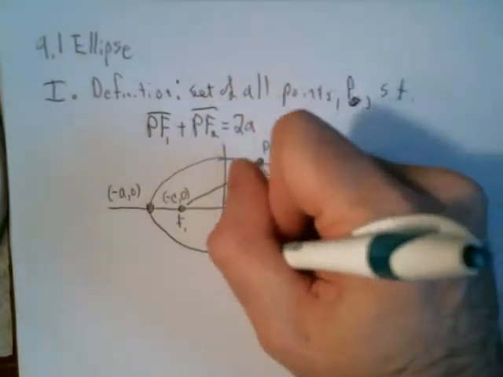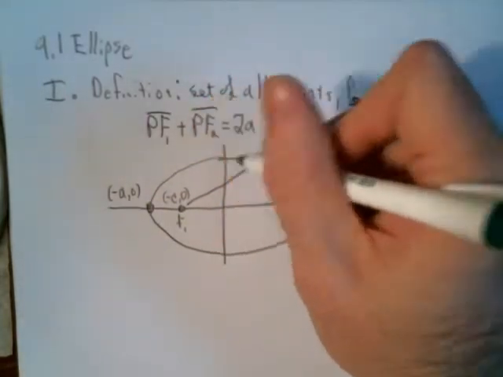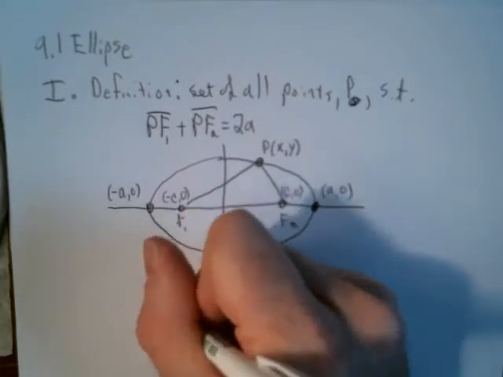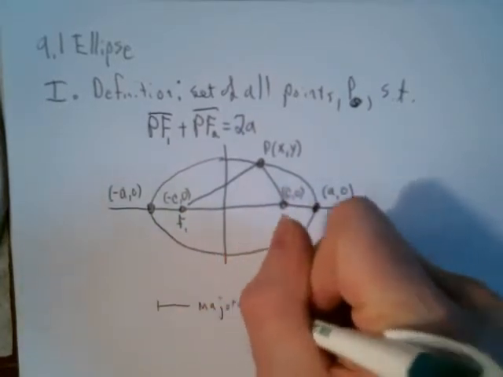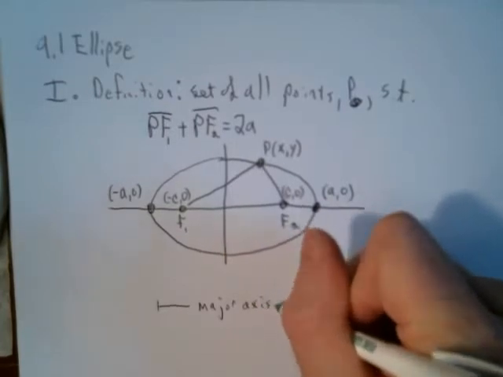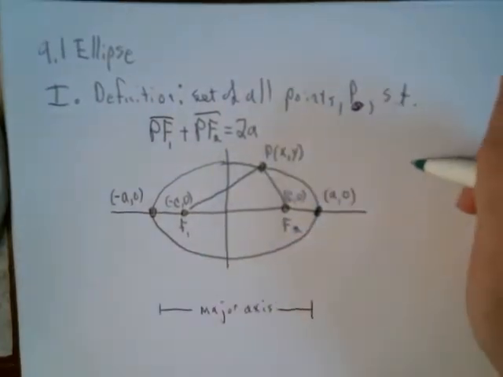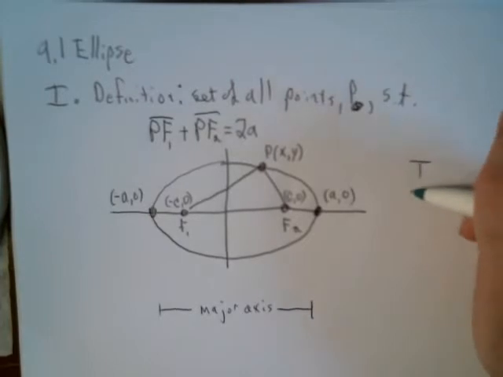These points on the top and bottom are what they call the minor axis. So this long distance is the major axis, and the shorter distance here is the minor axis.